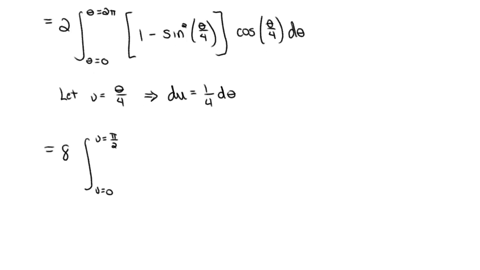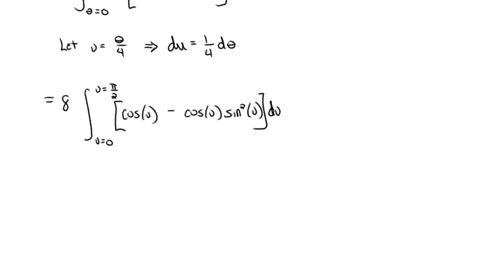So I'm going to have an integral of cosine of u minus the cosine of u sine squared of u du. Now, the first one's not going to be too terrible. That's just 8 times the sine of u evaluated from 0 to pi over 2.